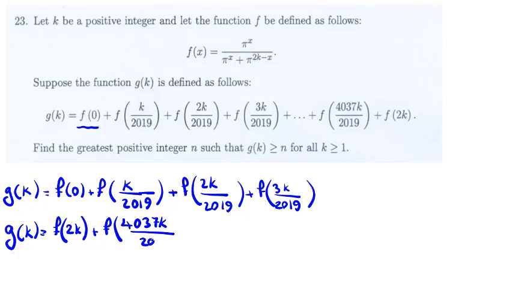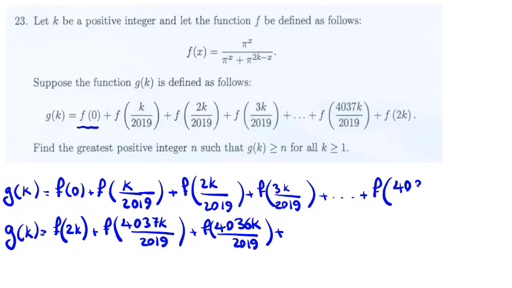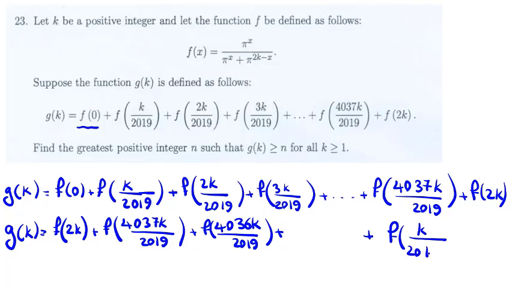And if I write g of k in reverse order, it will be f of 2k plus f of 4037k over 2019 plus f of 4036k over 2019 and so on, to reach the last terms f of k over 2019 plus f of 0.